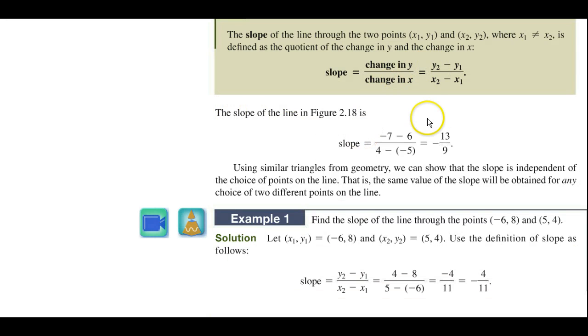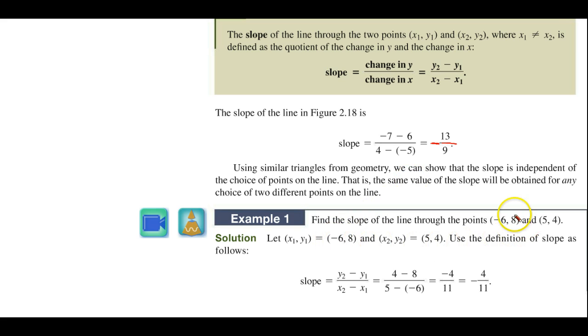And we see this here, and there's our slope. Again, the best place to put the negative, of course, is usually right by the division bar here.